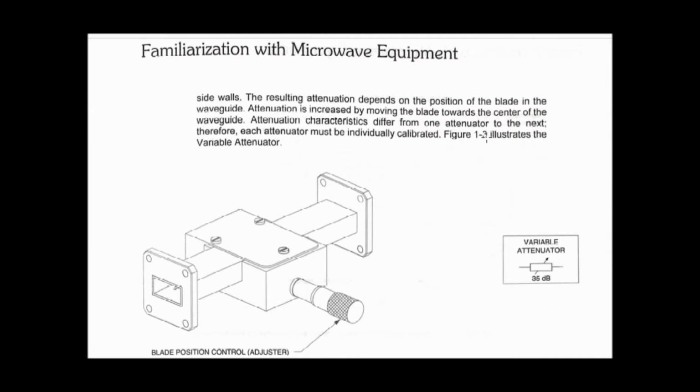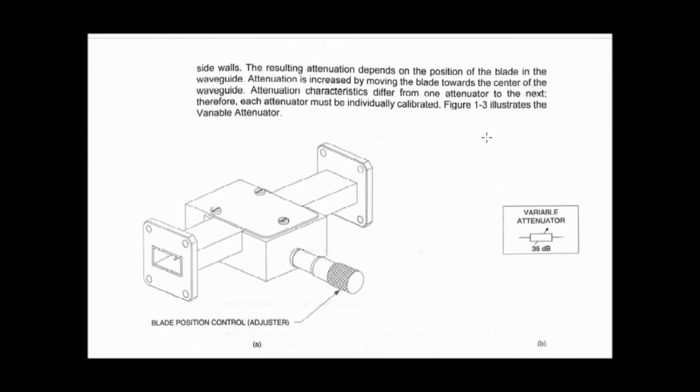where the value of the resistance can be varied by changing the blade position. A blade is an important part that is required to absorb or dissipate the microwave signal. If the blade position is fixed, that is called a fixed attenuator.